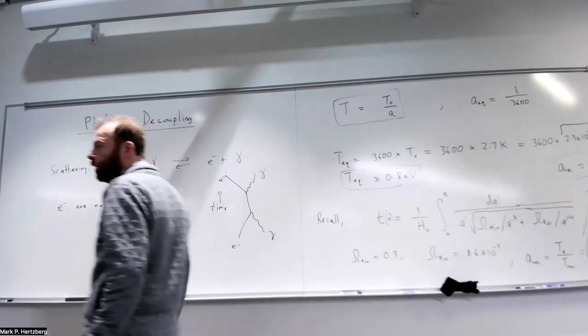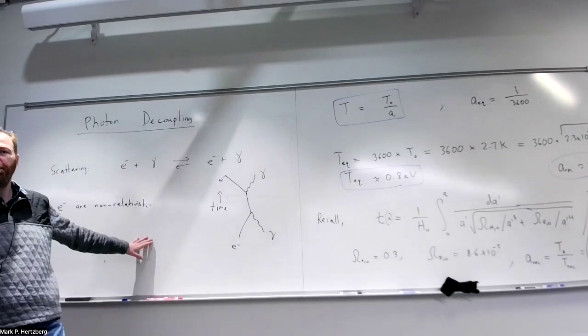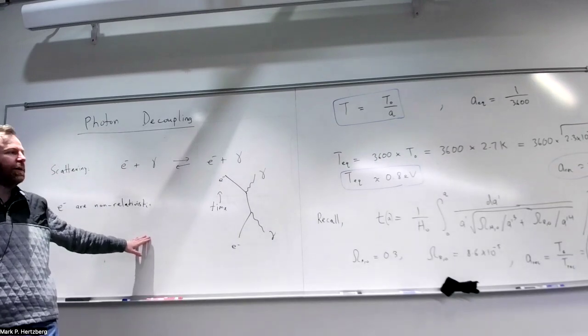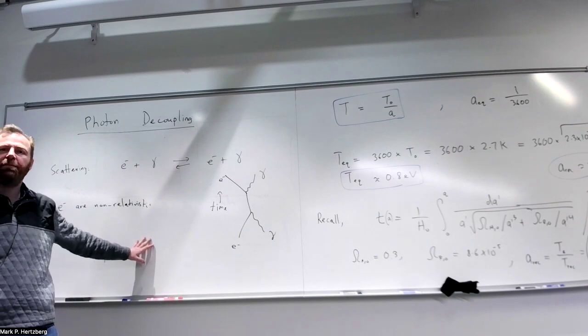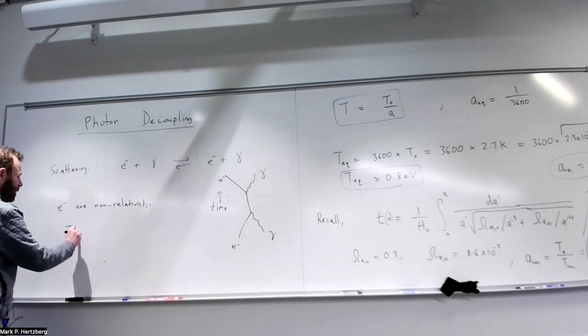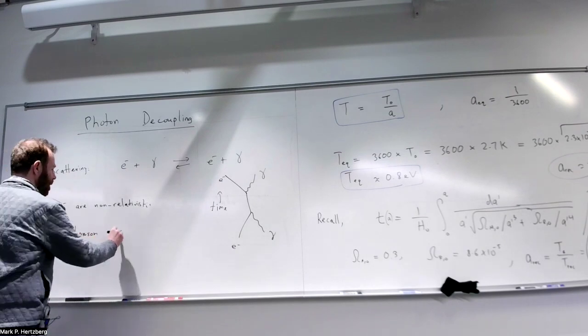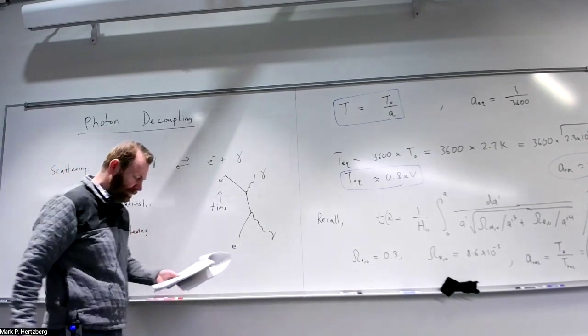And for non-relativistic electrons, Compton scattering has another name, if anyone remembers. If you don't remember, that's fine. It's called Thomson scattering. That's what we're discussing, and the formula is simplified.